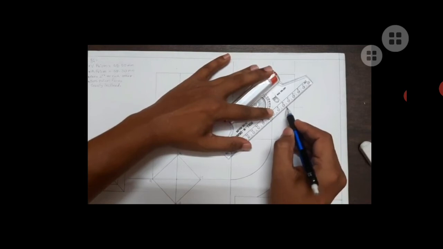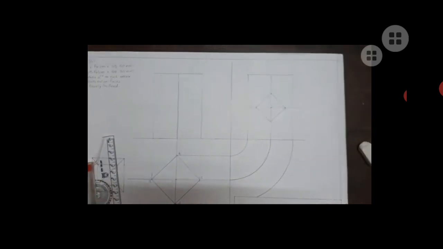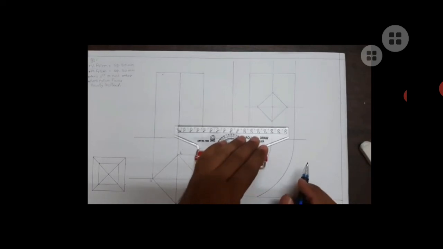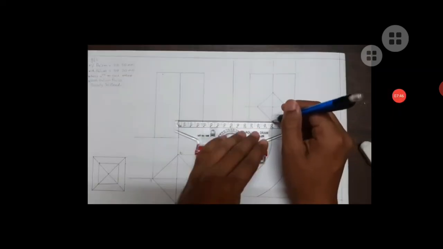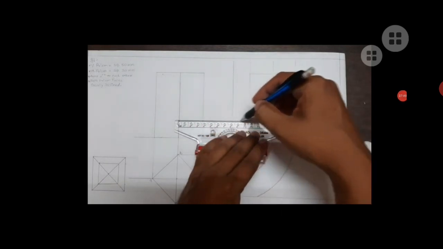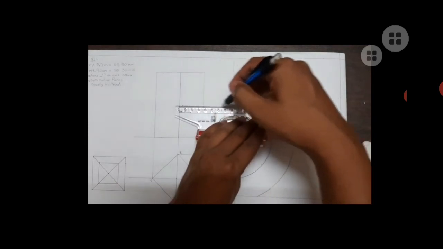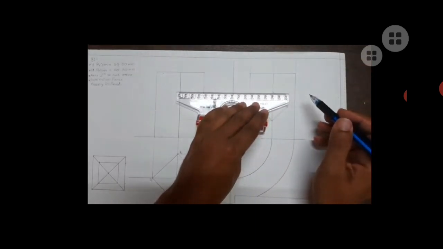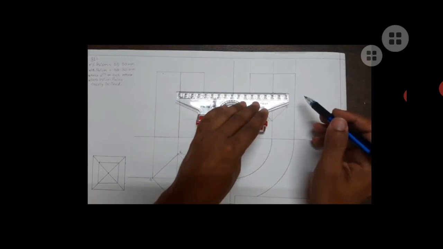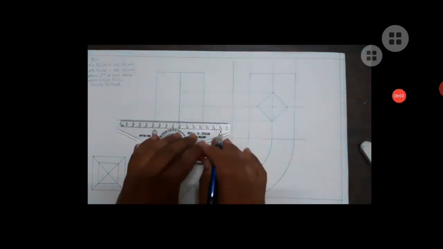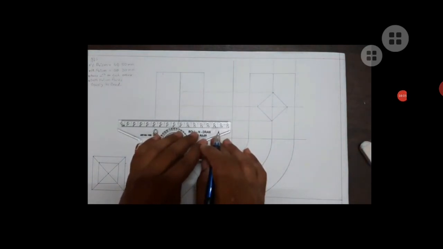So this is a horizontal square prism which is shown in the problem. So next, project all points in the top view and front view. Mark these points. So extend all points.